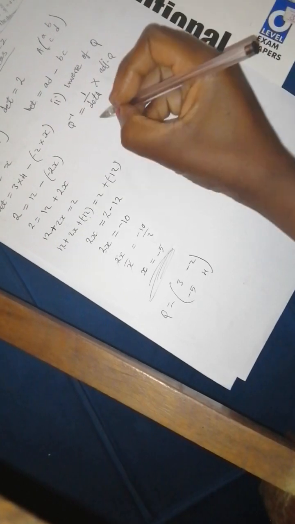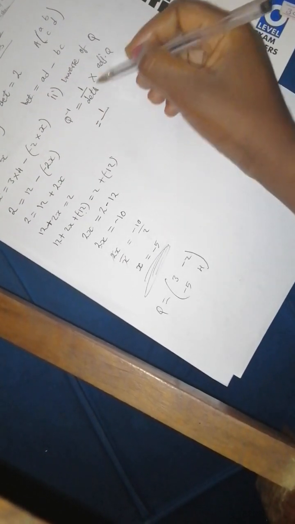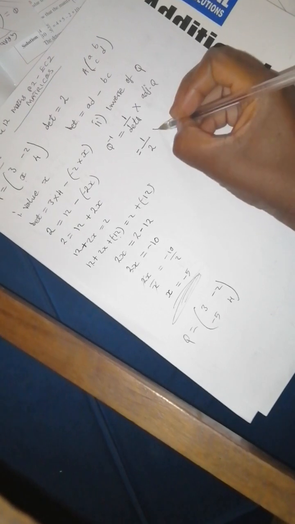Then we have something new there. Okay, so to substitute, the determinant of Q is given, which is 2, so it will simply be 1/2, then times the adjoint, which is simply the matrix you are dealing with. In case the matrix we are dealing with is this one.